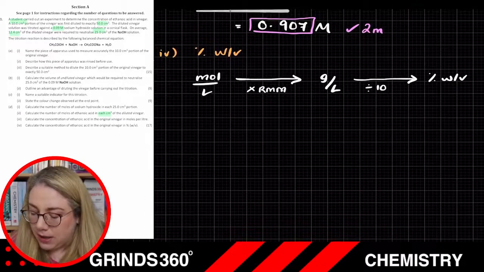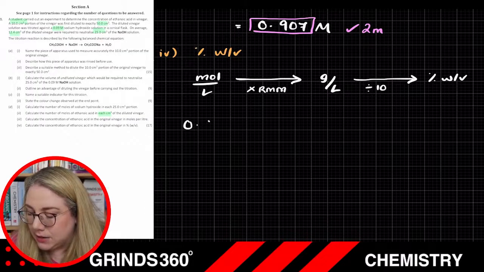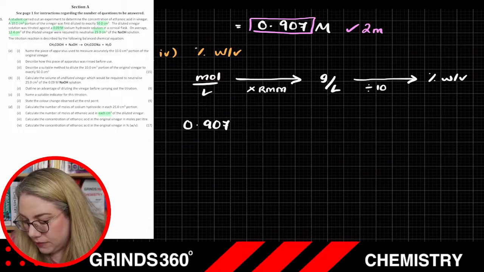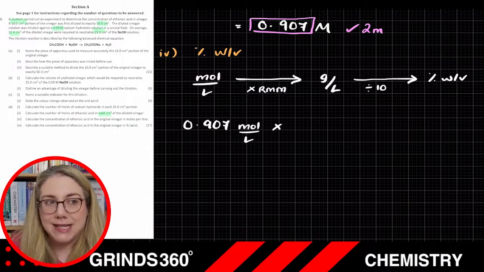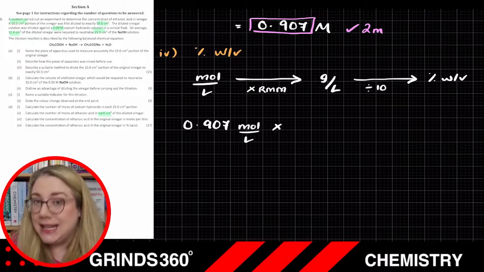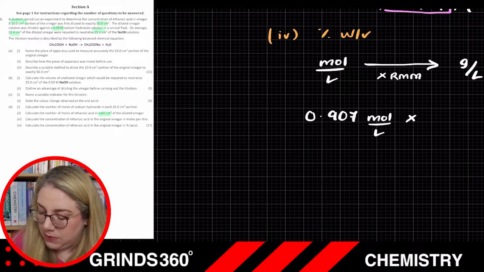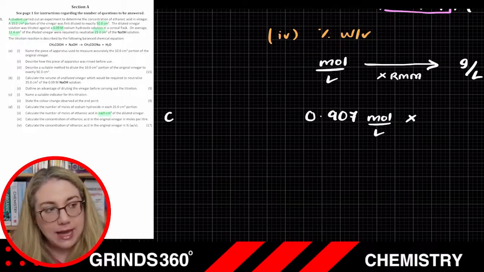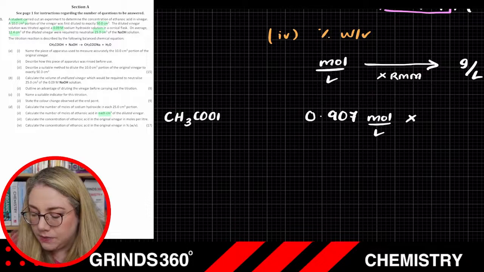From the previous part of the question, we know that the moles per litre is 0.907. Now, we need to multiply that by the RMM of what the compound is. So what is the chemical that is the concentration of? It's ethanoic acid. So if I just move that over there, because I don't want to keep moving it to the right. So here, ethanoic acid is CH3COOH.